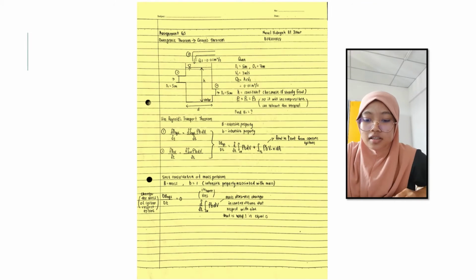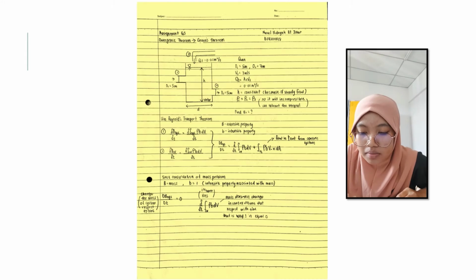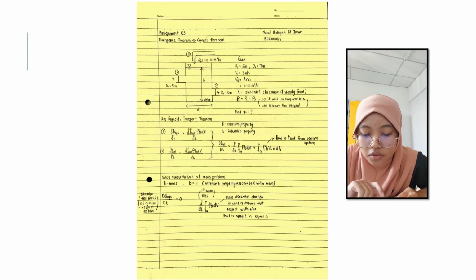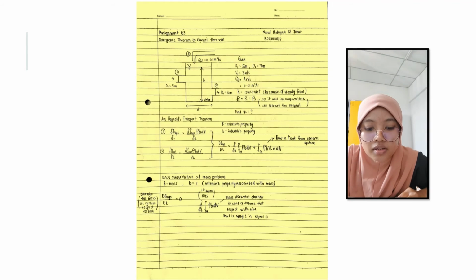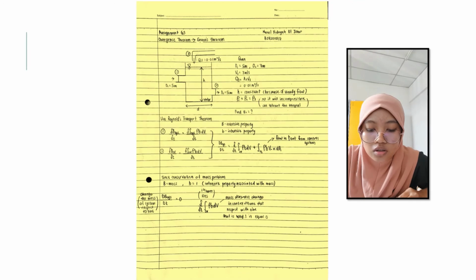The given data is that the diameters at point 1 and point 2 are 5 cm and 7 cm respectively. The velocity at point 1 is given as 3 meters per second, and the flow rate at point 3 is given as 0.01 cubic meters per second. We assume that the height of water in the tank is constant because it is steady flow.